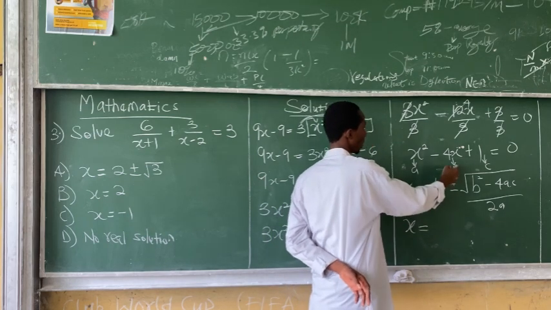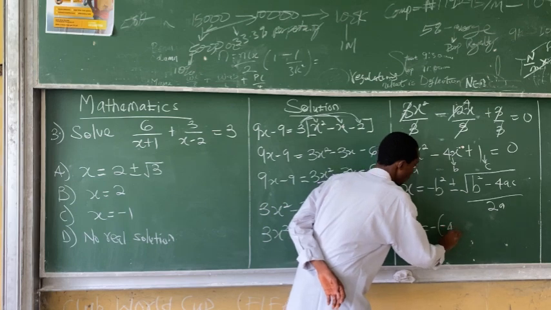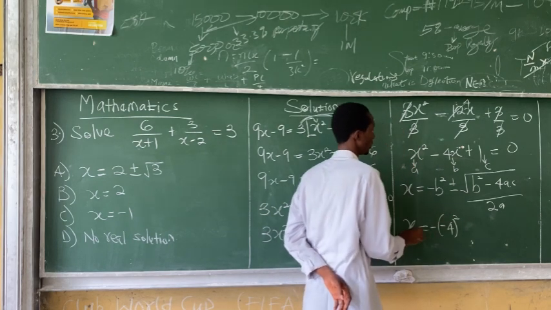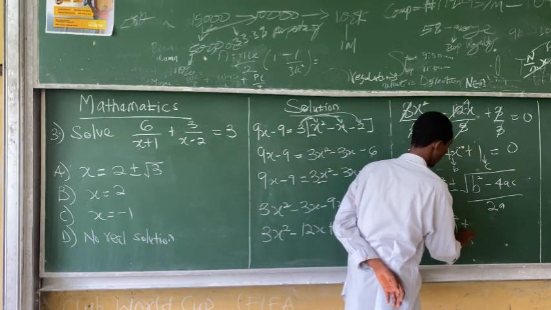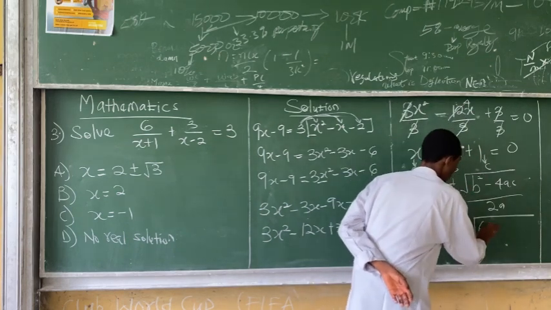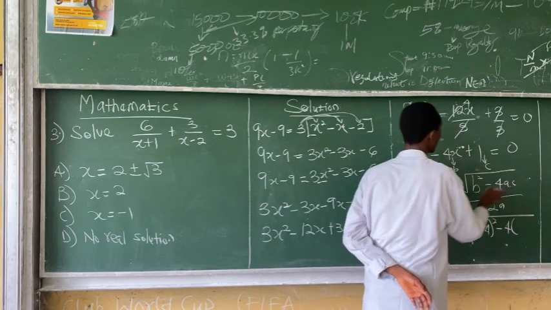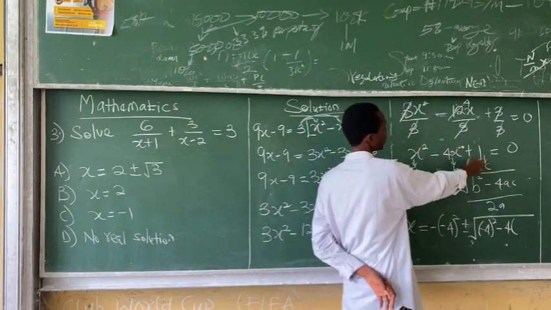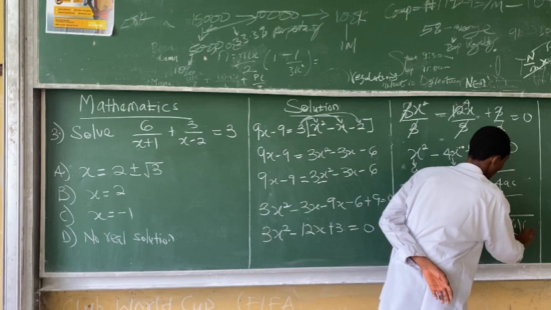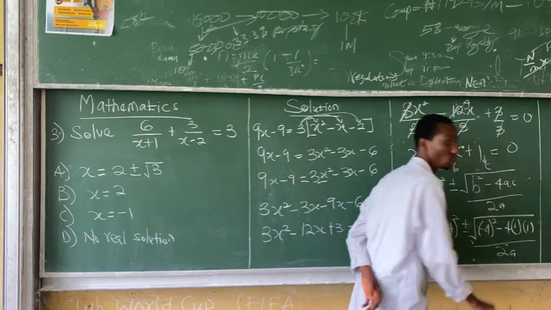If we input these values into this equation, we have that x is equal to minus b. Our b is what? Minus 4. So we have minus minus 4, plus or minus square root of, our b squared is what? Minus 4 squared minus 4 into ac. a is 1, c is 1. So we have 1 times 1, all divided by what? 2a.